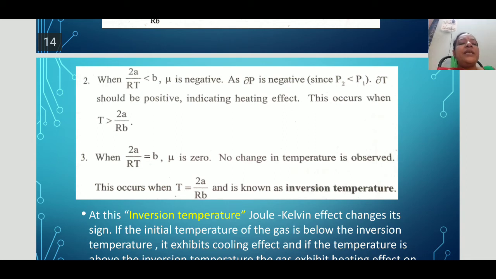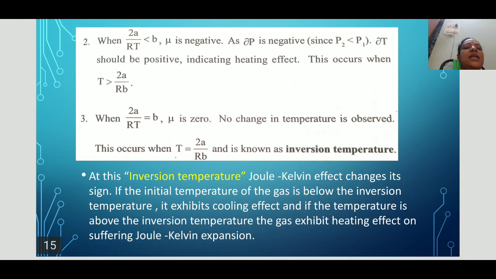Here one important thing: when 2a/RT is equal to b, then the temperature can be written as 2a/bR. This temperature is known as the inversion temperature. So inversion temperature is nothing but the temperature at which the Joule Kelvin effect becomes 0, means the gas does not show any change in its temperature.